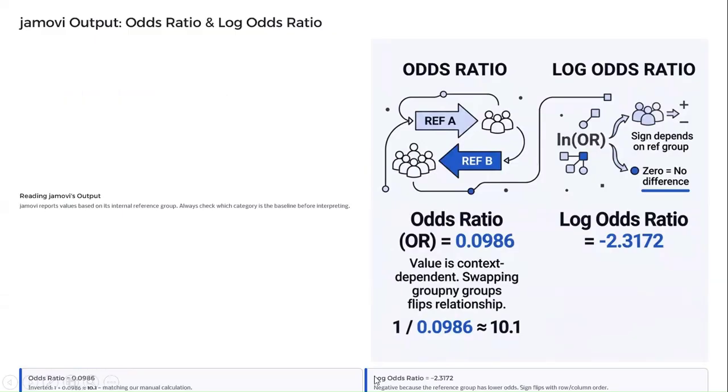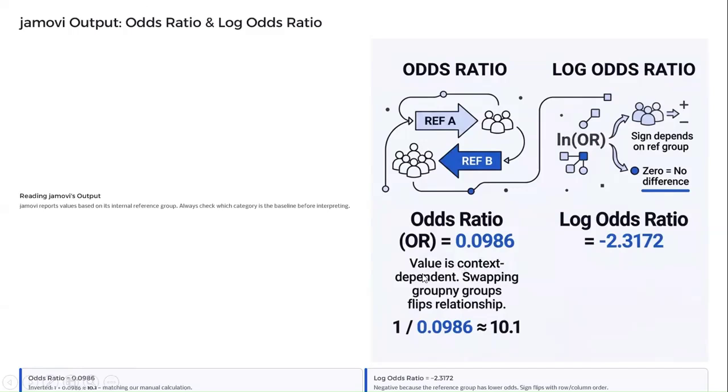In our Jamovi results, the comparative measures table reports an odds ratio of 0.0986 and a log odds ratio of minus 2.3172. These are calculated based on the specific row and column order Jamovi uses.